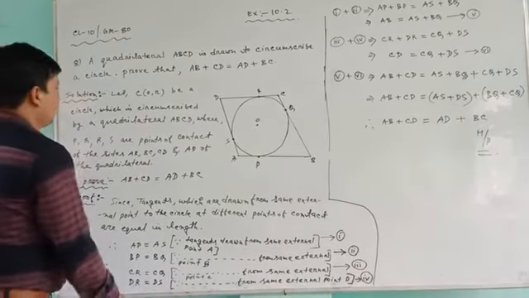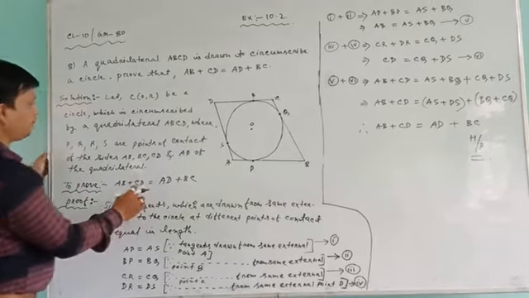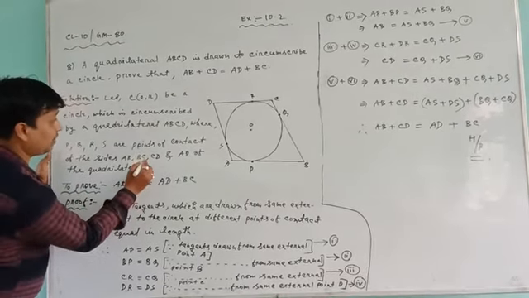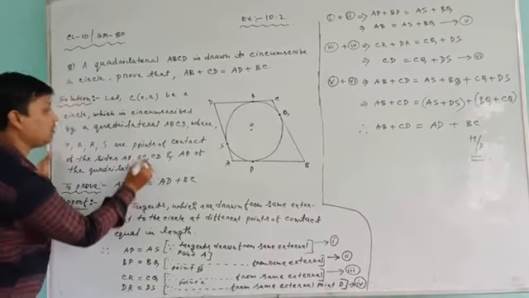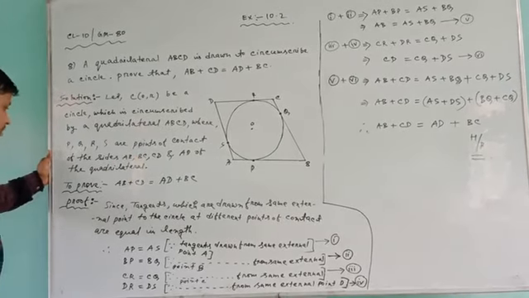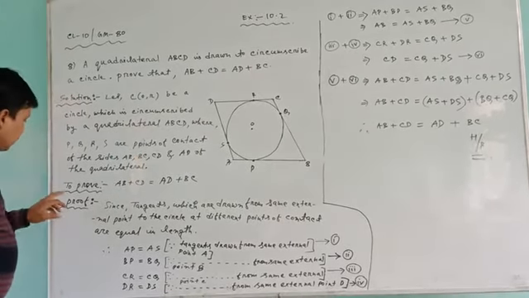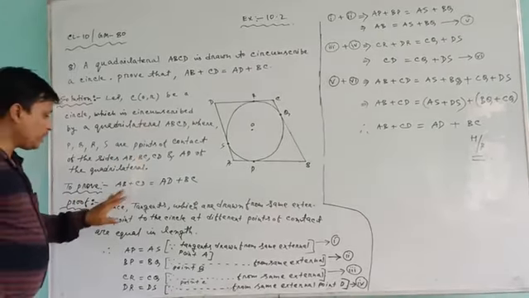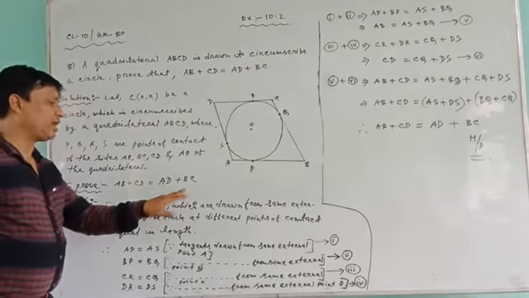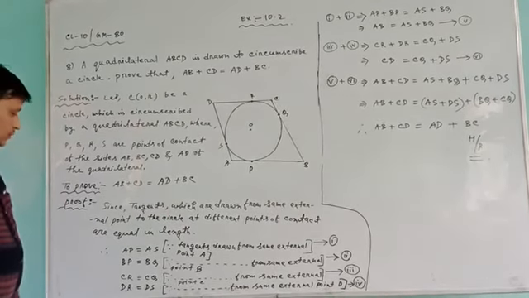The quadrilateral ABCD is already written, so no need to write it again. To prove, we need to prove AB plus CD equal to AD plus BC.